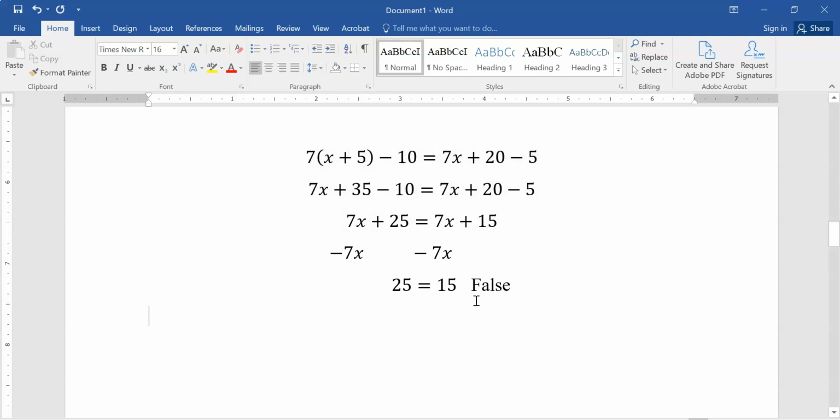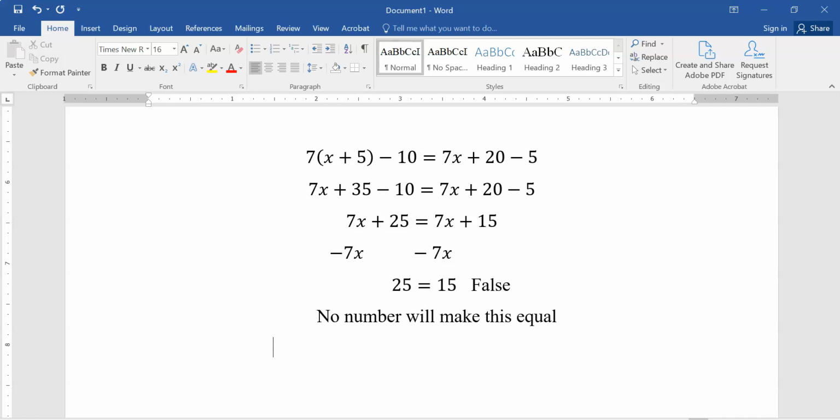So think about that. I'm going to write that down. No number will make this equal. In other words, no number that you can plug in for x. Okay? And so when we get a situation where that happens, where no matter what number I plug in, I can't get it to work, that means that there is no solution.